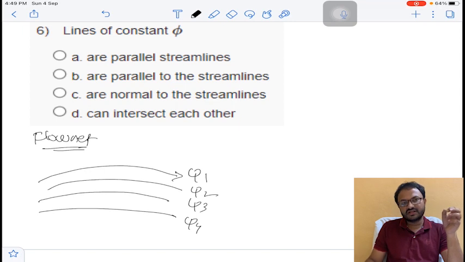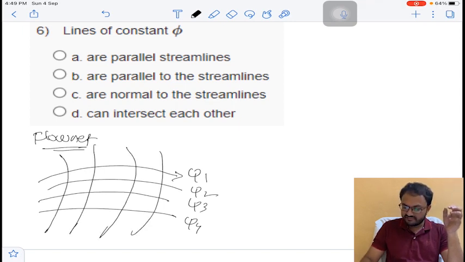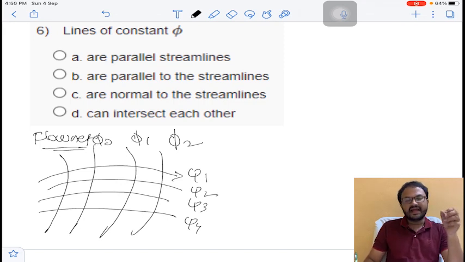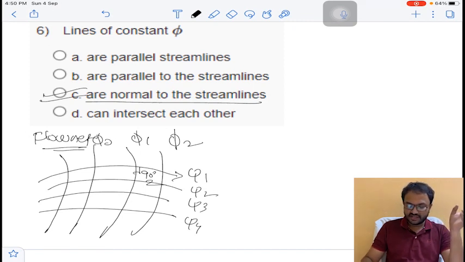These are all the streamlines, and these are velocity potential lines. This is phi 2, phi 1, phi 0, something like that. And the angle of intersection between phi lines and psi lines is 90 degrees. So they are normal to streamlines. They will intersect at 90 degrees, perpendicularly. Okay, option C for question number 6.